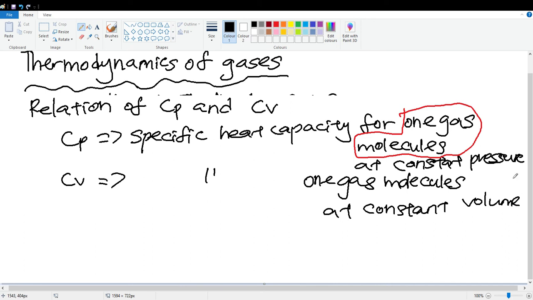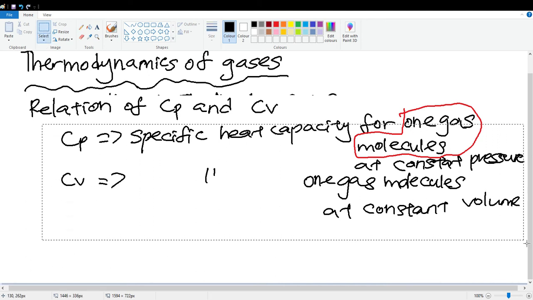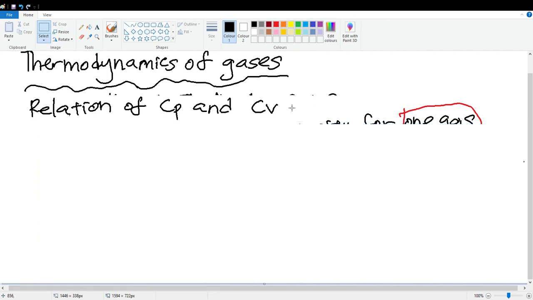So this is the definition of Cp and Cv. Okay, so let's move on to how we can prove the relation between the Cp and Cv.